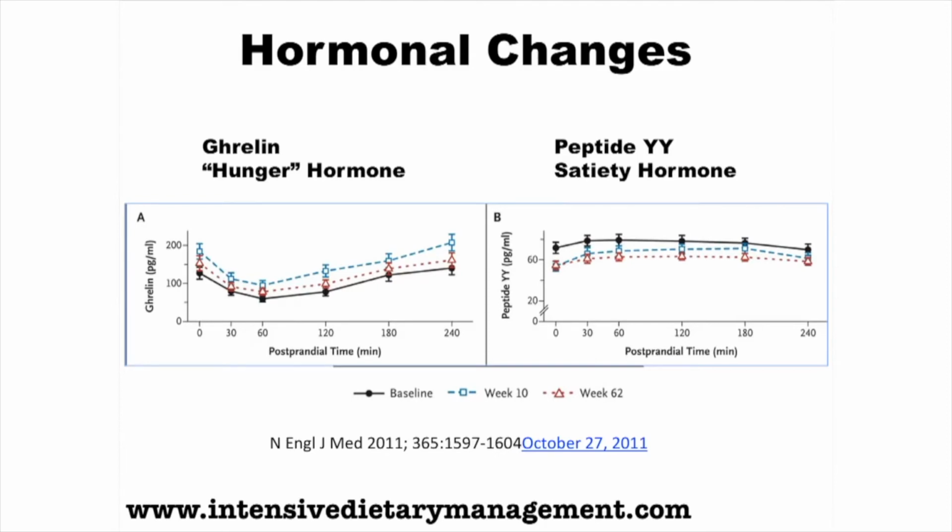So ghrelin is the so-called hunger hormone. It's a hormone that makes you hungry. Even 1 year after, your ghrelin is much higher than it was before. Peptide YY is a satiety hormone, makes you full. So if it's lower, it means you're more hungry, right? And again, even after a year, your satiety hormone is lower than normal.